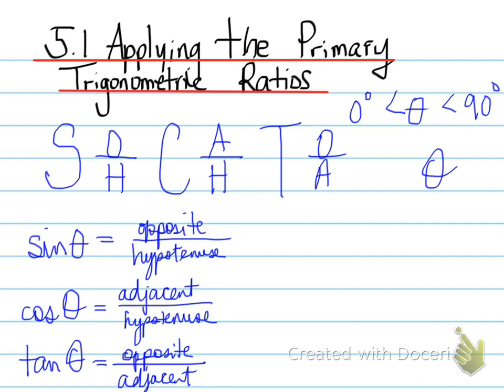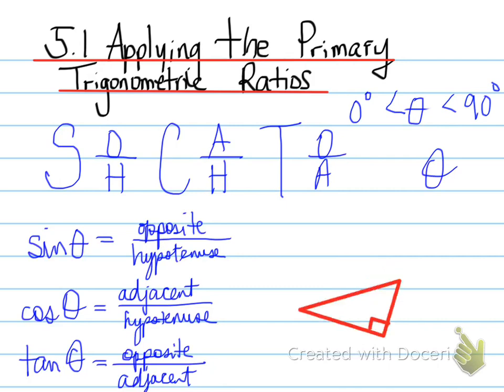Now, to understand opposite, hypotenuse, and adjacent, we need to look at a right angle triangle as such. What's important to note is this right angle, this little square, always points to the hypotenuse. So regardless of how this triangle is drawn, let me show you what I mean.